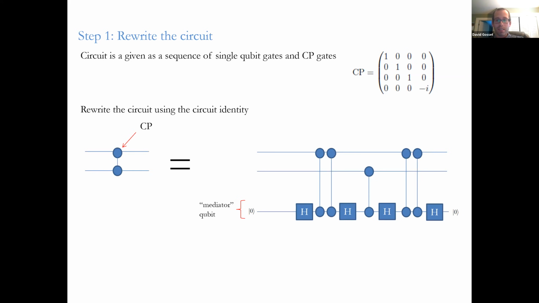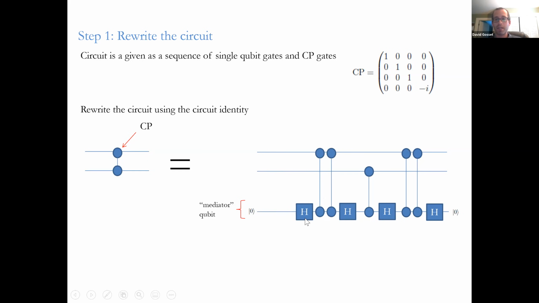What is important is that this CP gate can be implemented using a sequence of gates that involves a special mediator qubit. The CP gate acts between these 2 qubits at the top. These are our data or computational qubits. But all the 2-qubit gates in this expression on the right-hand side act between one of those qubits and this special mediator qubit. And the only single qubit gates we need on the mediator qubit are Hadamards.